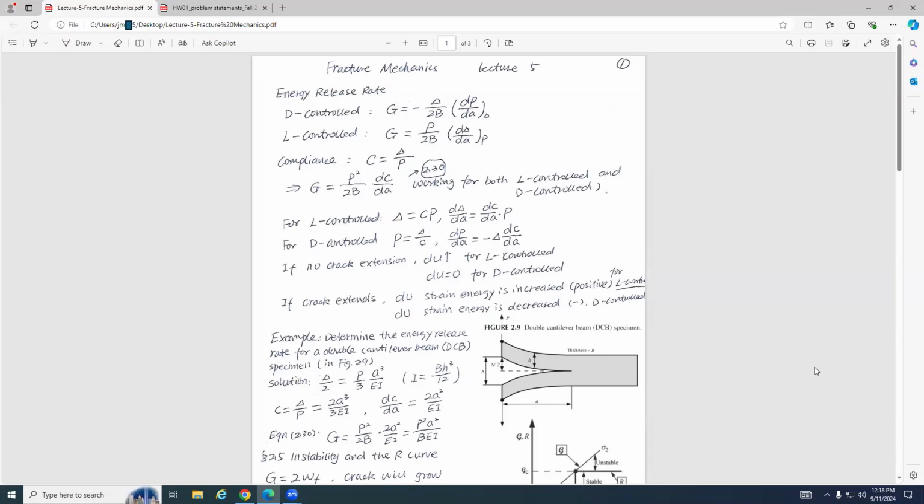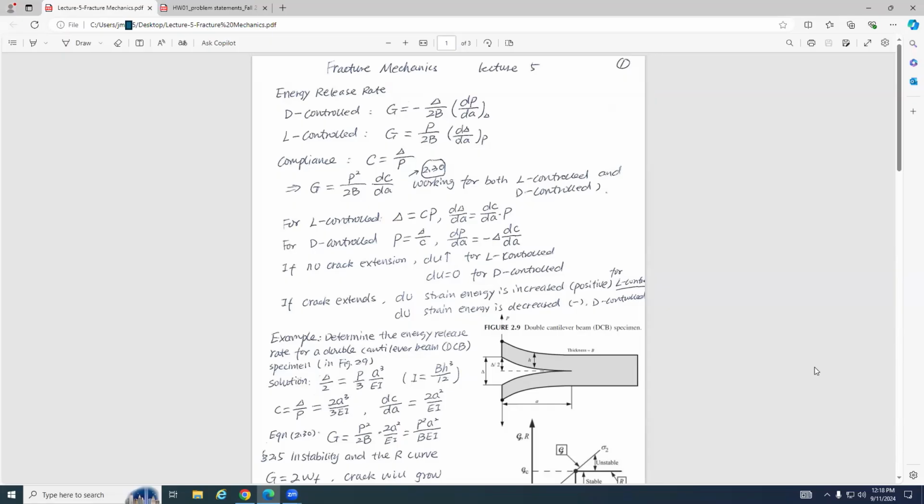The externally applied load does not change, but I can establish the relationship between the load, the crack tip and the displacement. So this is load control.